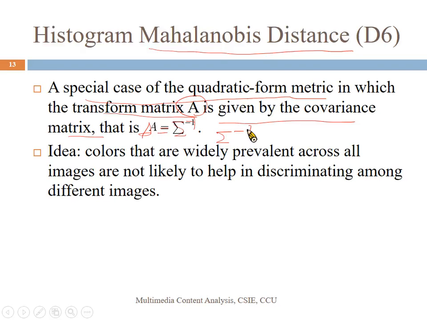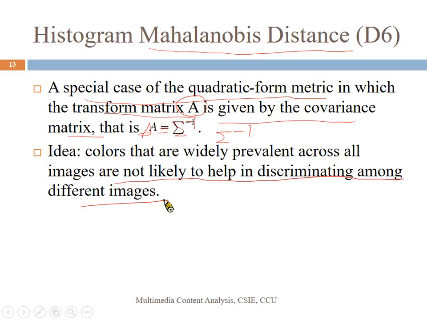So the idea is that the colors that are widely prevalent across all images are not likely to help in discriminating among different images. So imagine that in your database many images tend to be in red.